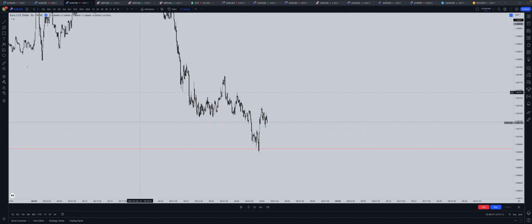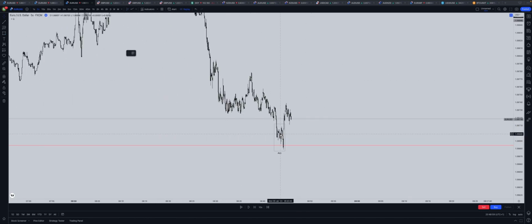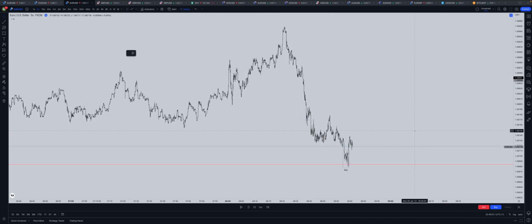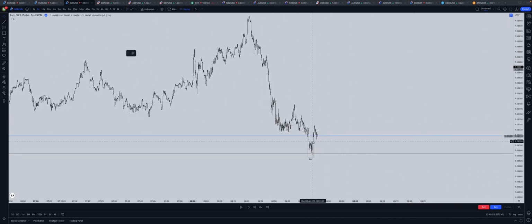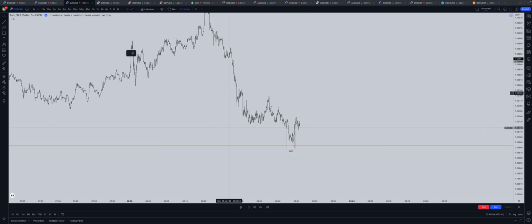So as we can see, we form our first accumulation. So at this point I was starting to look for entries, but I couldn't take this accumulation because it wasn't part of my plan. So this high needed to break, at least for me.